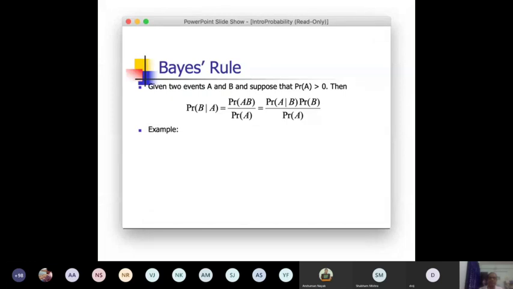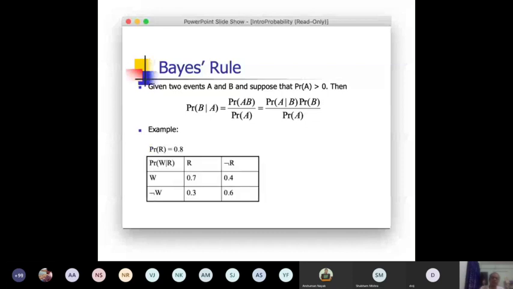The denominator can be further expanded if I consider all the disjoint components. We'll see all those later. Once again, some examples for understanding Bayes rule.